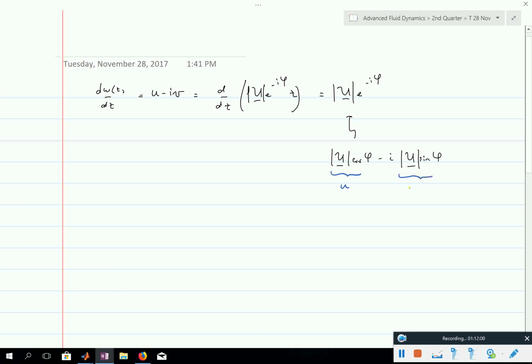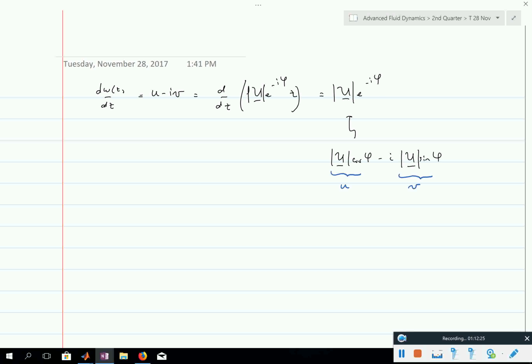And U sine phi is the v component. Right? So when you take the real and imaginary part of that, you do have the real part, which is just u, and the imaginary part of that is minus v. Right? So it's minus v. So this here is v, which is what you expect. Yeah? Is that clear? So this is the only part where you have to be careful.